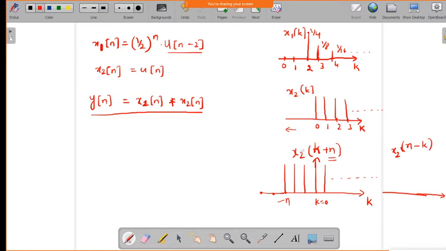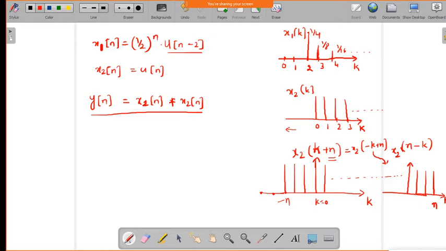That is nothing but x2 of minus k plus n, the reflected version. If I reflect this, it will go into infinity on the negative side, and on the positive side it will be reflected up to the value of n.